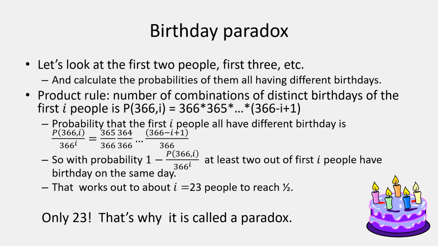That's why I'm referring to it as a paradox, because people do find it surprising that in order to have probability half, which is pretty big, of having two people with the same birthday, out of such an unlikely event as having a birthday, where the probability is 1 over 366, you still get a pretty decent number of 23.